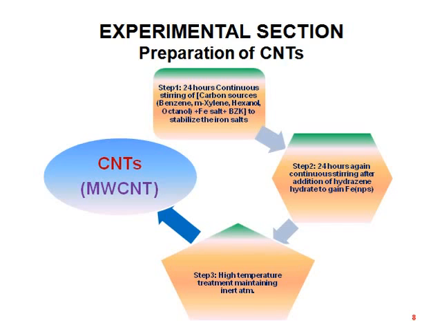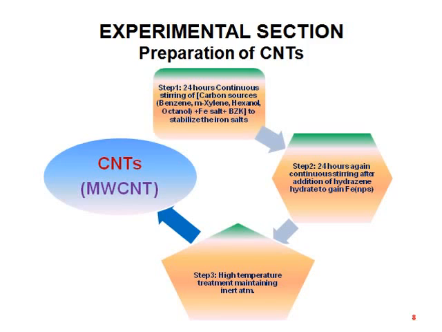First, the carbon sources are treated with iron salt and benzalkonium chloride by continuous stirring for 24 hours. The aliphatic aromatic mixture of four organic compounds, benzene, metaxylene, hexanol, and octanol, are used as carbon sources. Here benzalkonium chloride is a cationic surfactant to stabilize the iron salt.